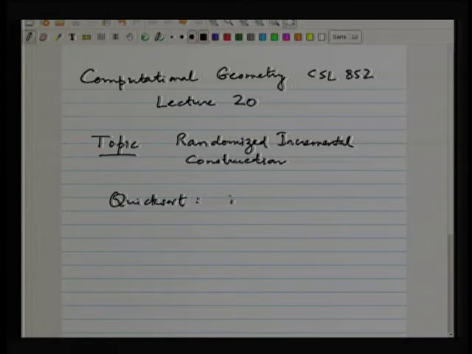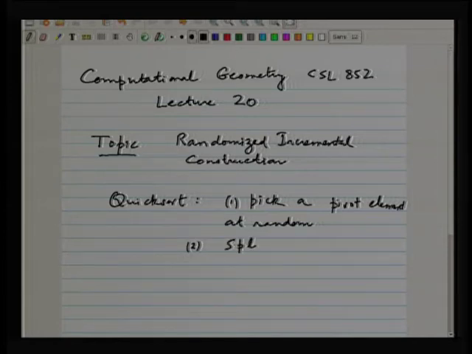can be thought of as: pick a pivot element at random and split the set S into two sets.